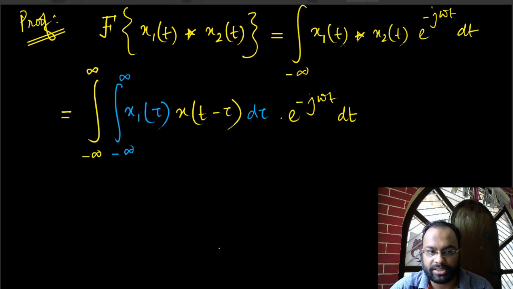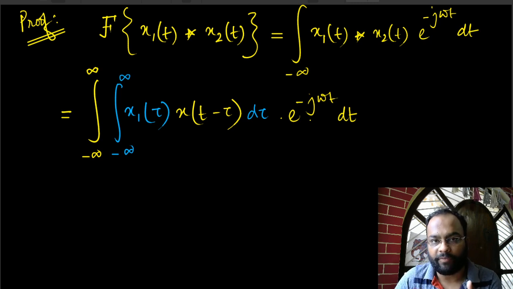Again, this is a double integration, but this part represented in blue is independent of the part represented in yellow. Now we can interchange the order of integration here. When I integrate with respect to t, the integration with respect to tau is treated as a constant, and this is solely a function of tau.